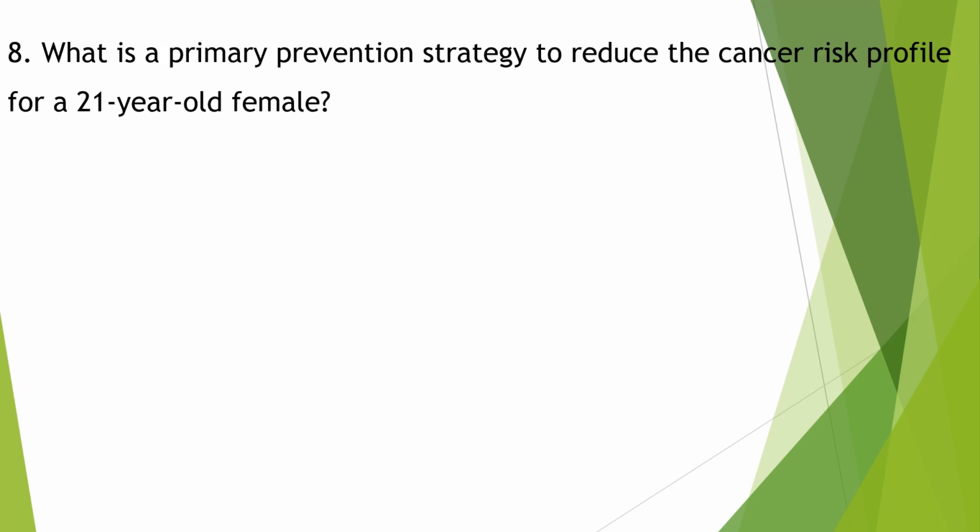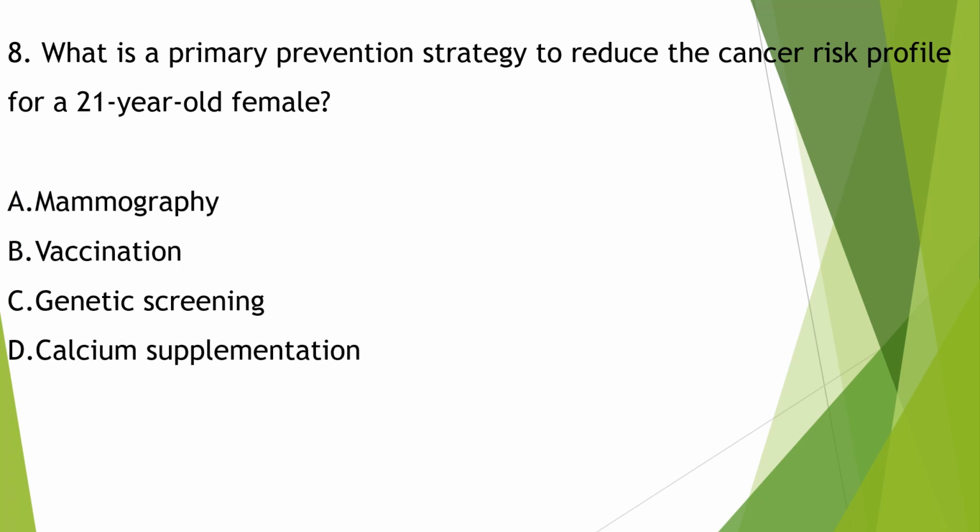What is a primary prevention strategy to reduce the cancer risk profile for a 21-year-old female? Here that age is very important. Is it mammography, vaccination, genetic screening, or calcium supplementation? Some viruses are considered carcinogenic, such as human papilloma virus and hepatitis viruses. So immunization to prevent these viral infections is protective and will reduce the cancer risk profile.